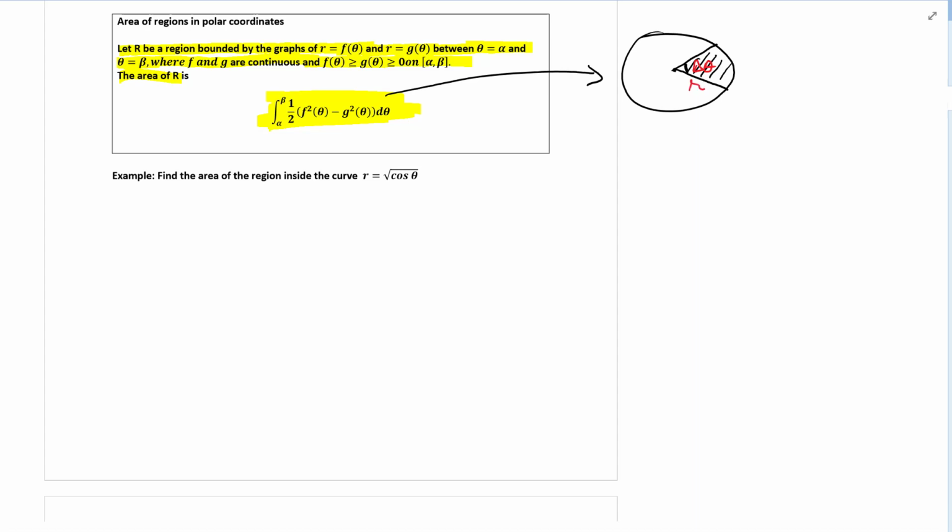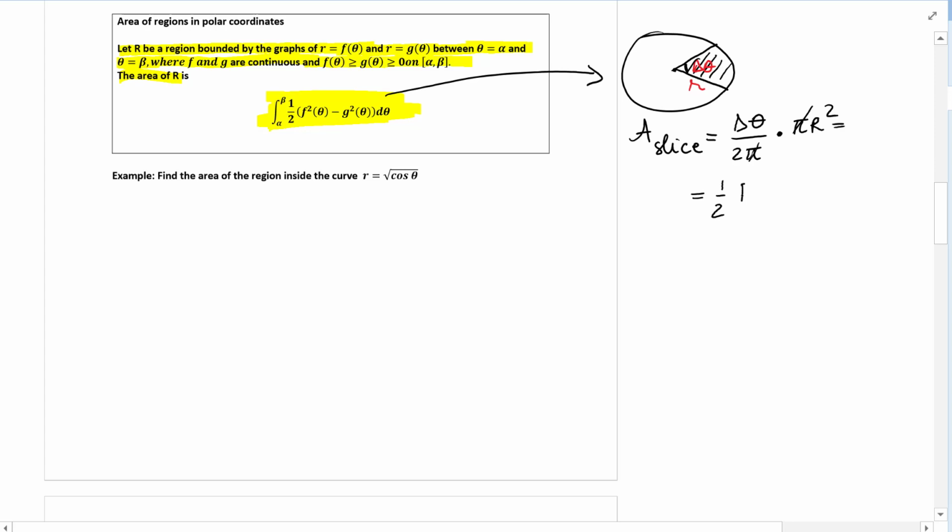Then the area of the slice is equal to delta theta over 2 pi of the area of a circle, pi r squared. So pi and pi cancel, so we get 1 over 2 r squared delta theta, right?